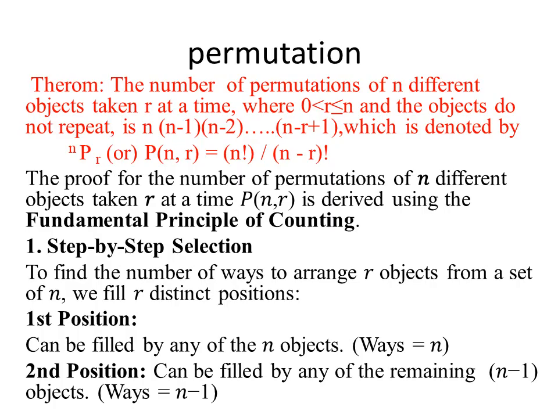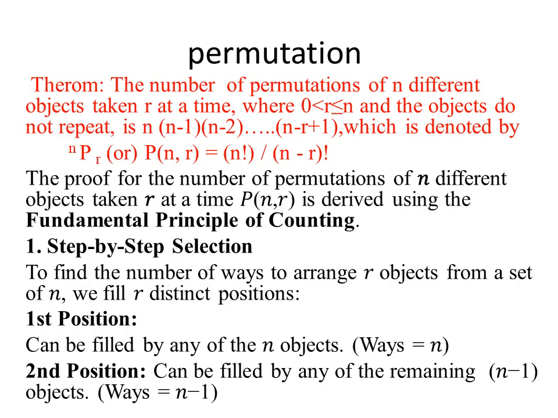So the proof of the number of permutations of n different objects taken r at a time, P of n comma r, is derived using the fundamental principle of counting. Here we follow step by step.